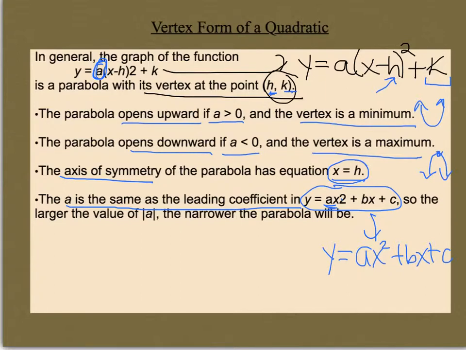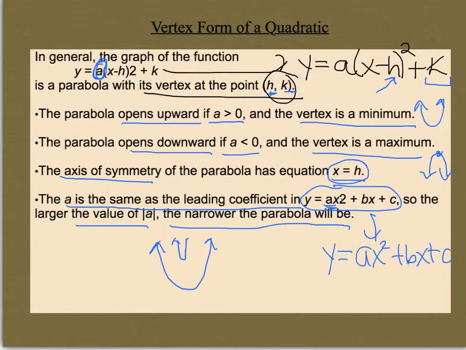So the larger the value of a, the more narrow the parabola will be. If a is really big, so if a equals 3 or a equals 10, the equation with the lead coefficient of 10 is going to be more narrow, skinnier, than an equation that had an a value of 3.